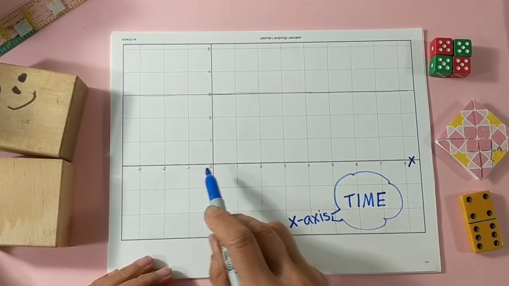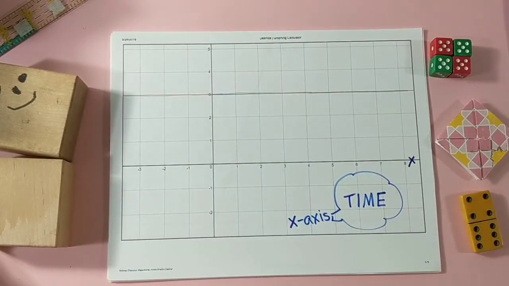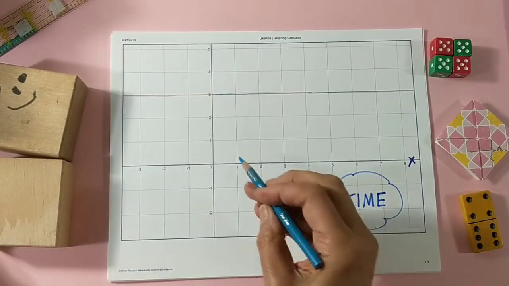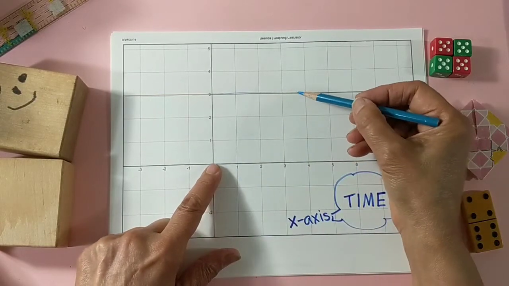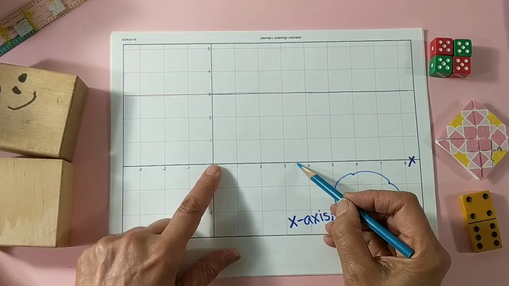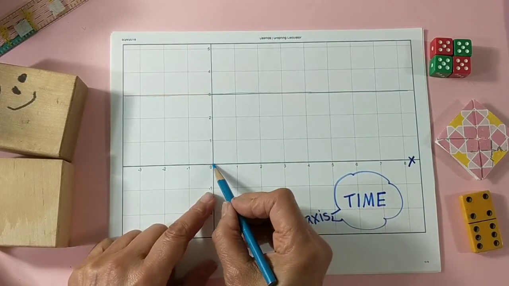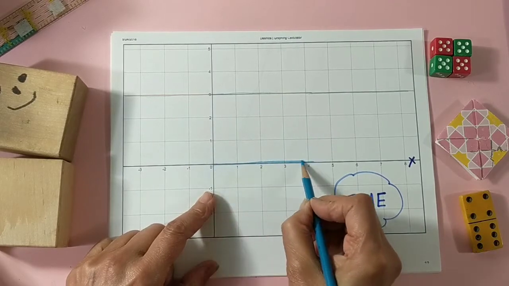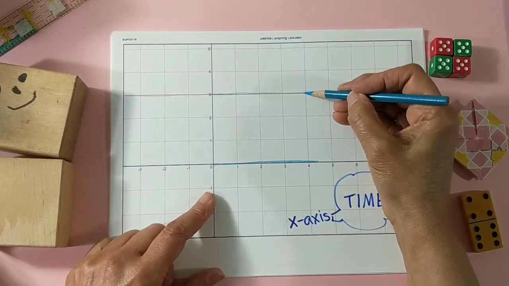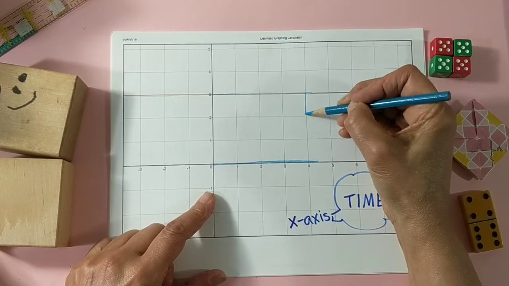So there's the x-axis, and we want to find out how many squares are accumulating between the function line and the x-axis. Now these squares stand for something. It's not just really about counting squares.